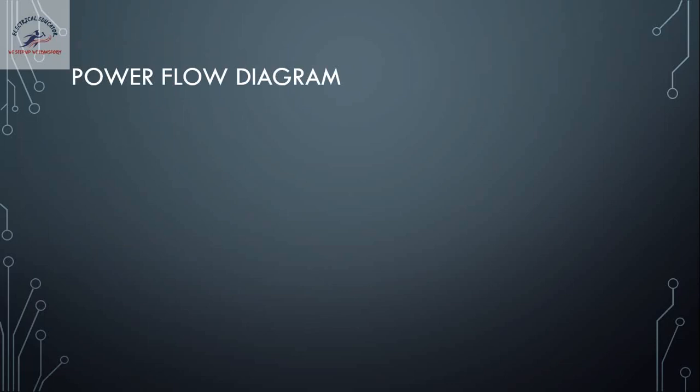Let us have a look at this power flow diagram, how the power flows from input towards the output. Let us recall the concept. An electric motor is a device which converts electrical energy into mechanical energy. As per our discussion, first we have electrical power as the input.